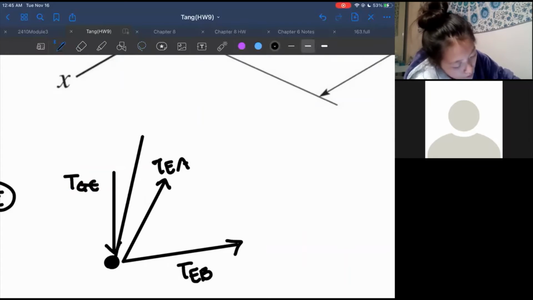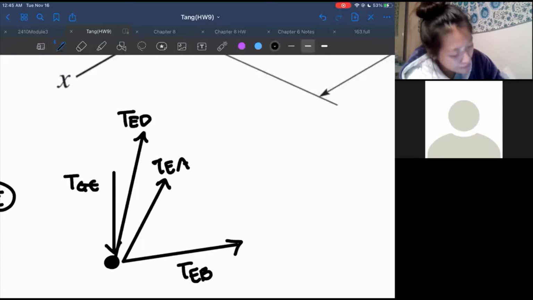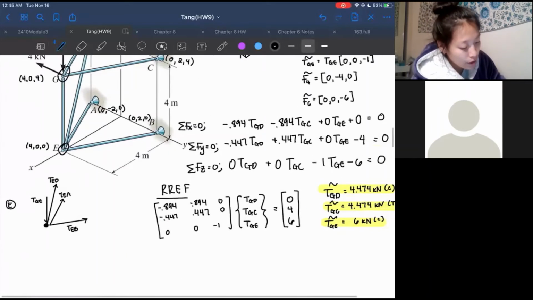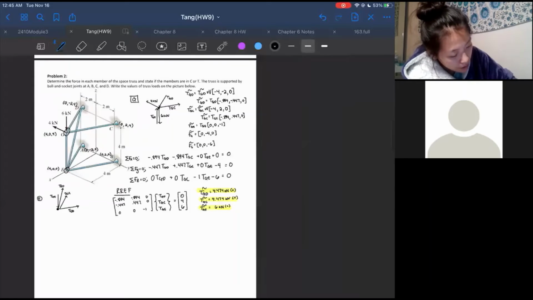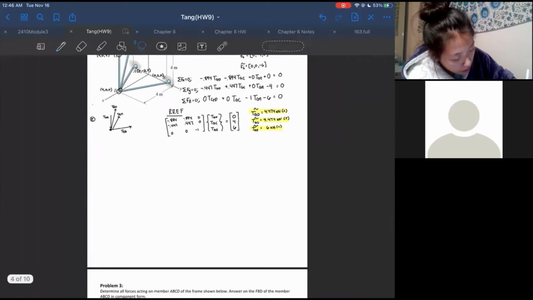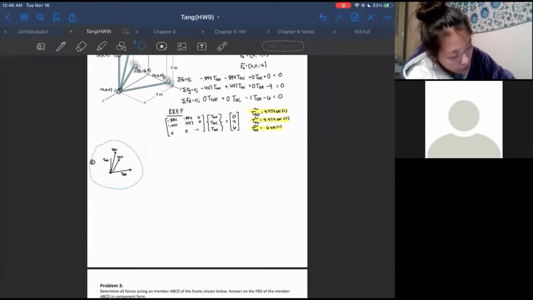Sorry, my free body diagram is a little messy. All right. So that's what we have so far. I'm going to move this down slightly.